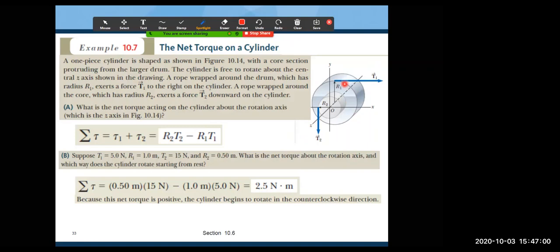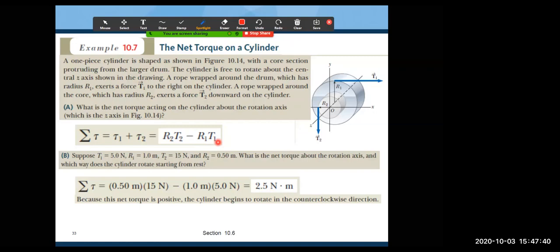So you have the rotation due to the tension T1 that is in the clockwise sense when we view along the negative Z direction, so we are viewing from this side into the paper, if you like. So T1 would be generating a clockwise torque, and according to our convention, this would be a negative torque. So you have minus R1 times T1.